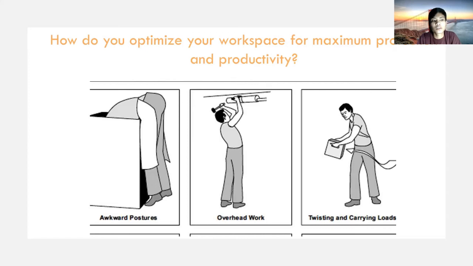Next question that we are going to answer is, how can we optimize our workspace for maximum protection and productivity? Since the main goal in providing a good design for a workspace layout is to optimize the space provided for the workers to work effectively and efficiently, and to keep them away from any accidents.